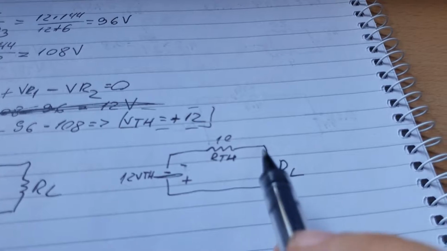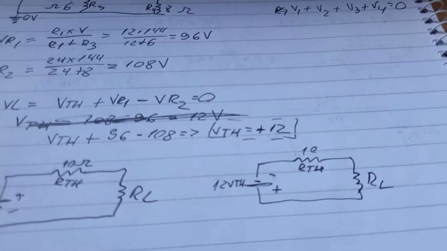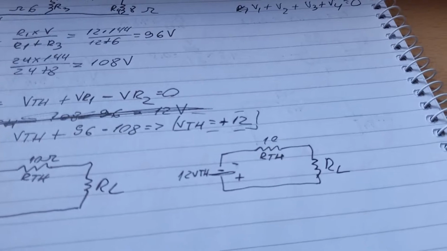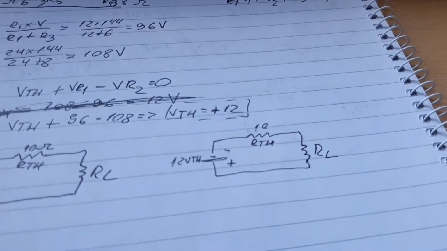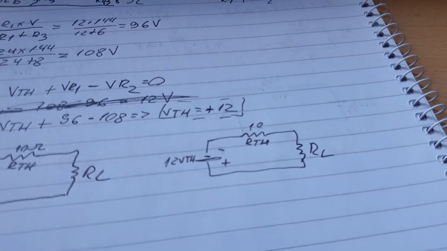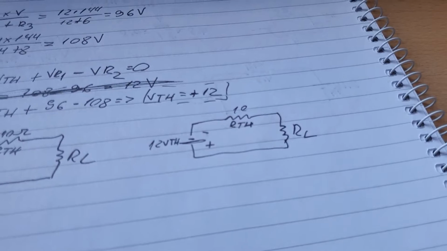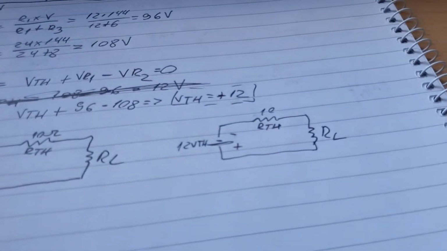So the current will flow downwards, back up, it won't flow up and down. And that's important to know because I think it's a common mistake for people when they get a negative voltage, they will disregard it. They'll be like, oh no, this is the wrong answer. While it can still be the correct answer, it just means that the component is reversed, you know. It's the opposite side.